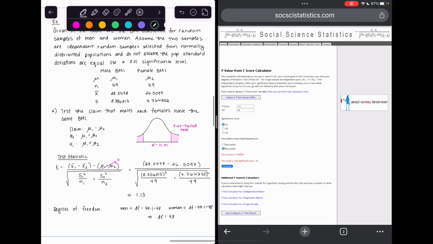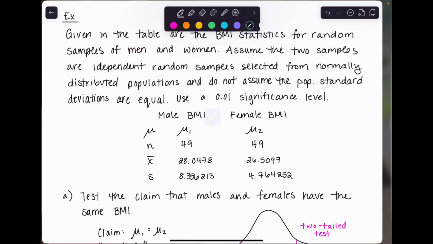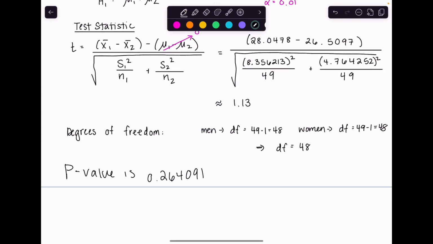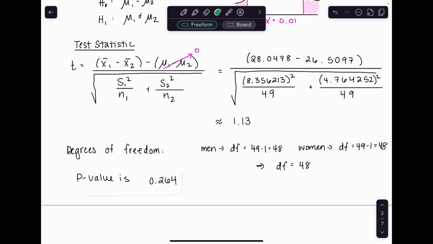So plugging that in, my p-value is 0.264091, okay? So rounding that to a few decimal places, that looks absolutely terrible. This p-value is 0.264. Okay, a little nicer looking now.